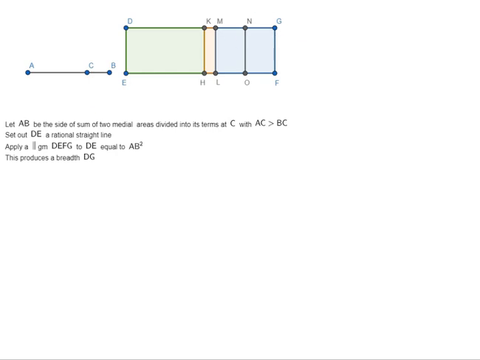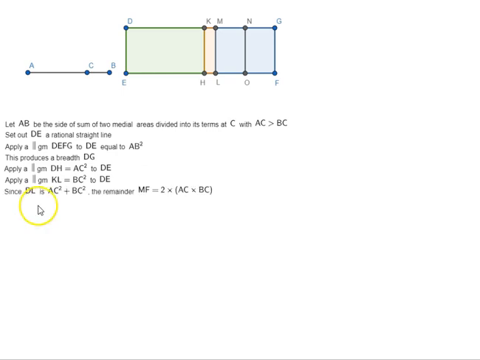Okay, let's prove this. Apply a parallelogram DH equal to AC square to DE, and then apply a parallelogram KL to KH. But remember, KH is equal to DE. So we can say apply a parallelogram KL to DE.